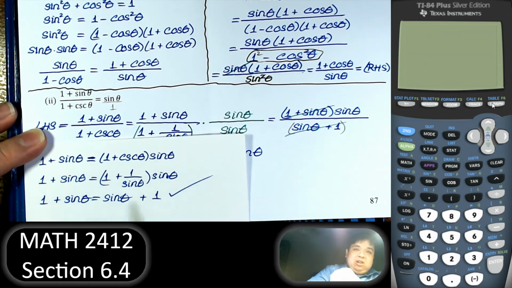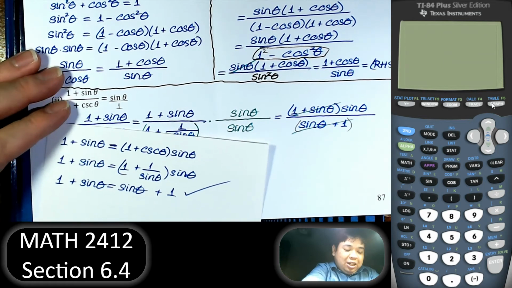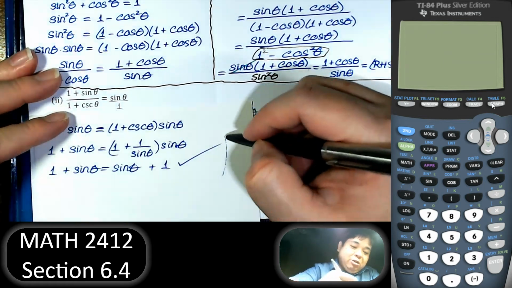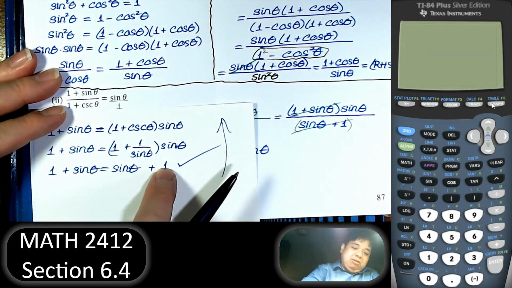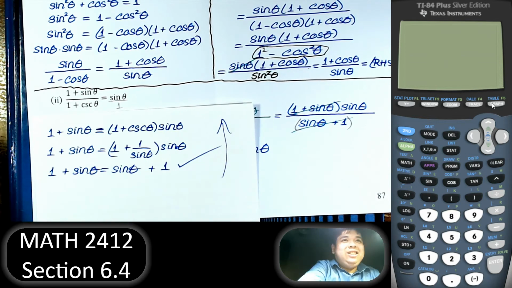Now because they are equal, so it's proven. Like I said, it's not like this. All we do is we just write everything in reverse, from here to there, and finally back to that.